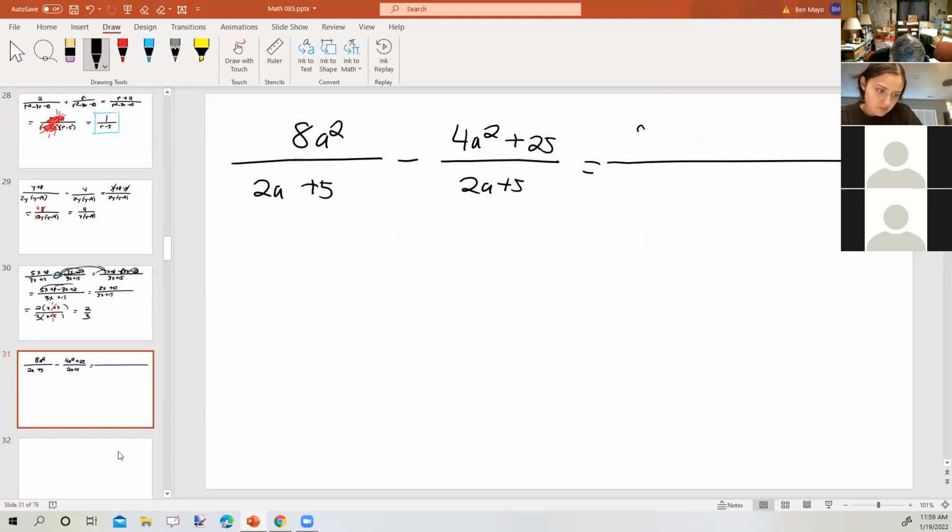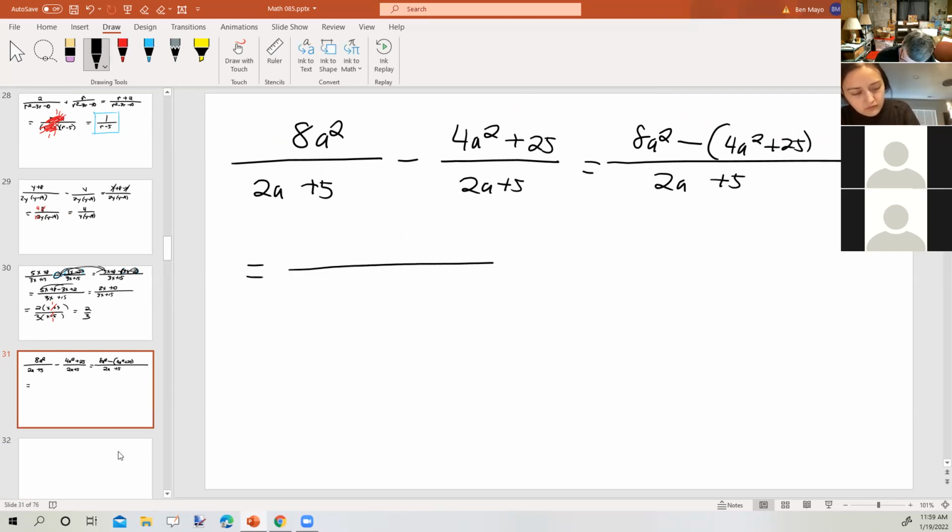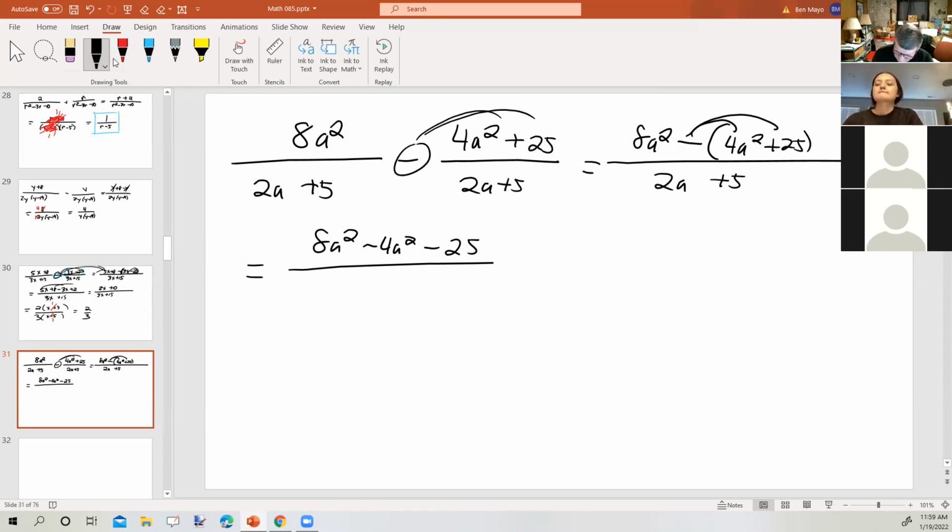So that's going to give me 8a squared minus the quantity 4a squared plus 25 over 2a plus 5, which is going to give me 8a squared minus 4a squared minus 25, distributing that negative, all over 2a plus 5.